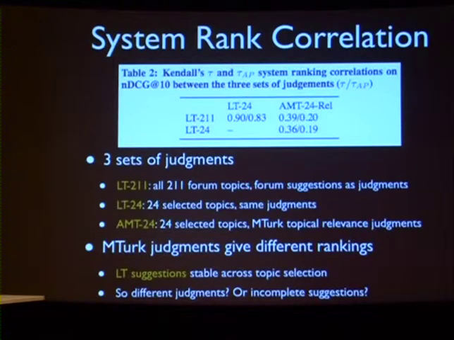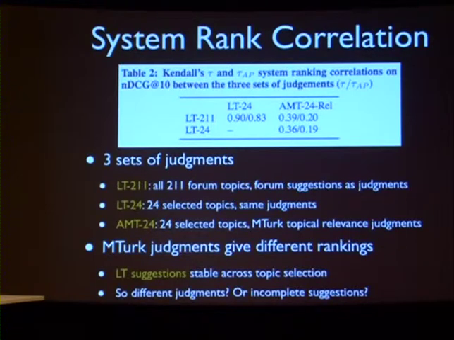As you can see, the selection of library suggestions for 211 topics, well, the LibraryThing forums, the subset of 24 is more or less agreeing well with the 211, the whole set, but the agreement with the Amazon data is incomplete.